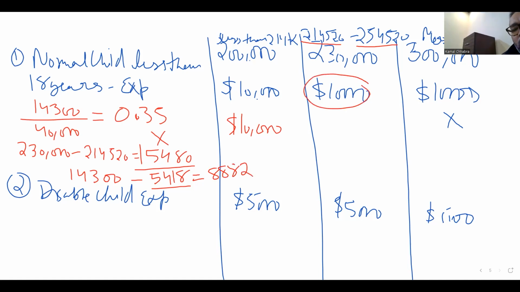So this amount or the other amount, whichever is lower, is being allowed. So the allowed amount is 8,882 in this case. Make sense?